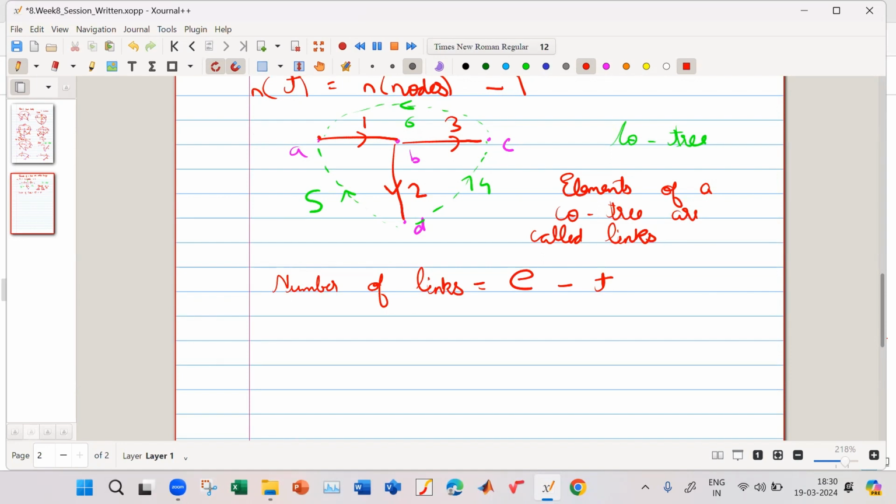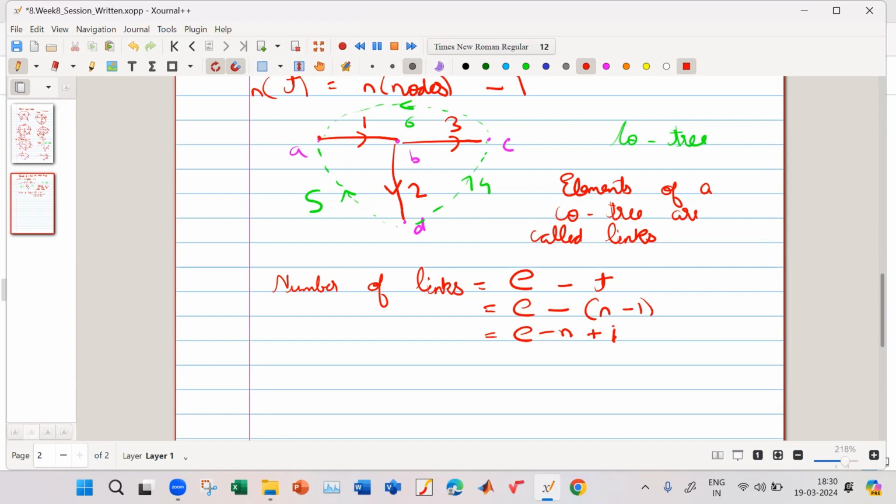This is E minus (N minus 1). The number of twigs is N minus 1. That is equal to E minus N plus 1. So this is how you can calculate the number of links and the number of twigs.